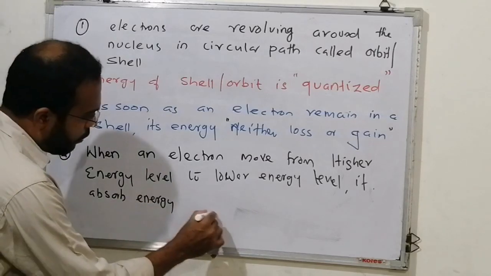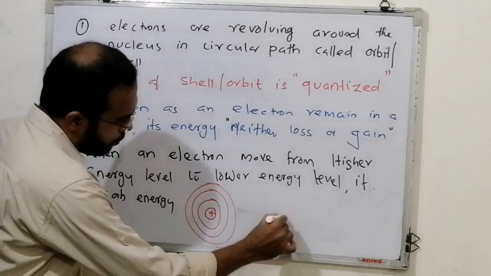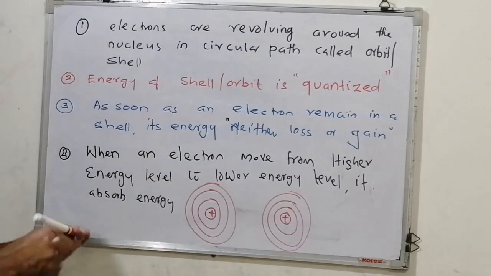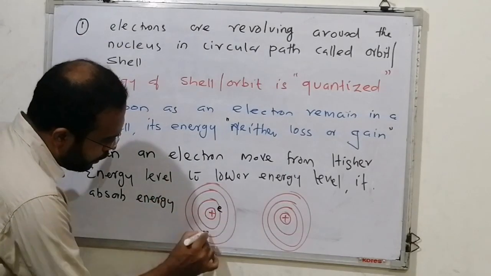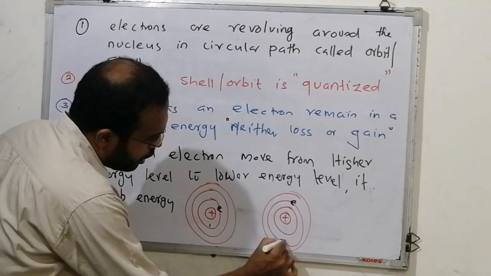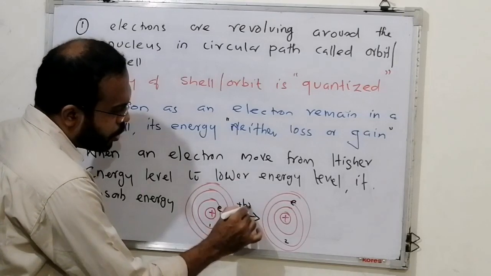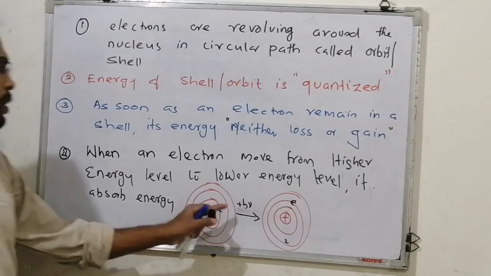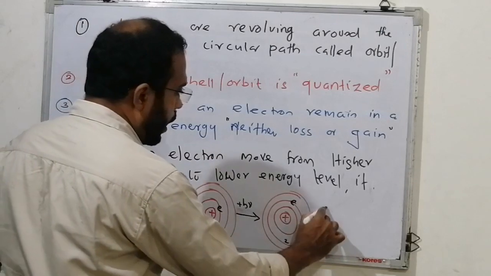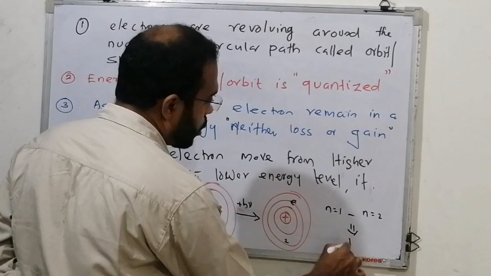Suppose you have a nucleus, and your electron is here, n equal to 1, moving to n equal to 2. This happens when it absorbs an equivalent amount of energy, plus h nu. Therefore, the difference between n equal to 1 and n equal to 2 is nothing but h nu.